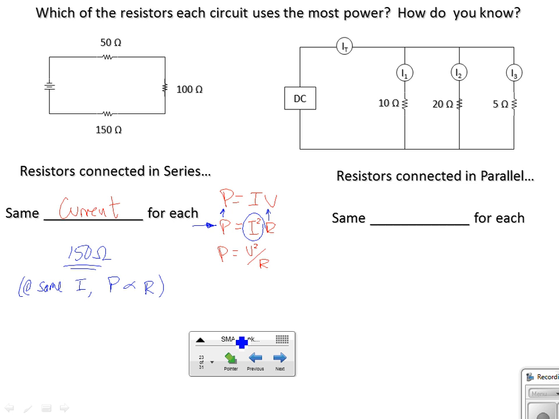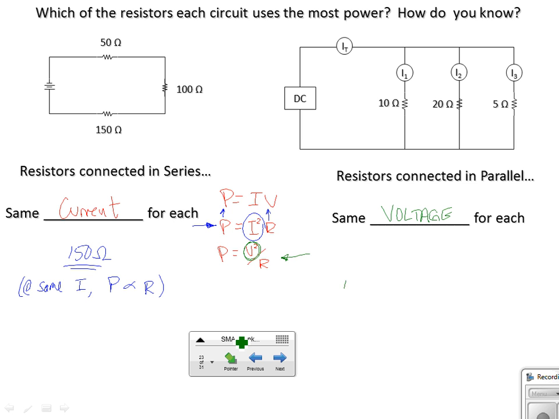Okay? Now over here, which one uses the same or the most power? Well, is it just the biggest resistance again? Well, the deal over here is that these don't have the same current, but they do have the same voltage drop. All right, so that can almost lead me to this one, where if the voltages are all the same, who cares what they are?